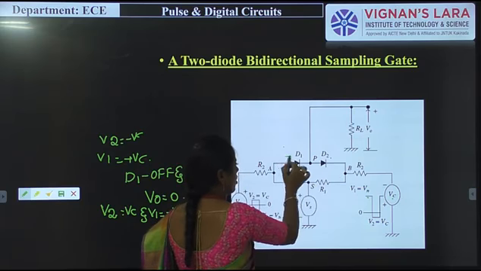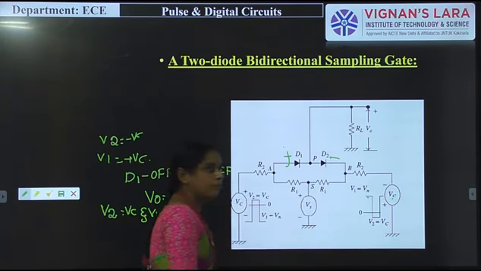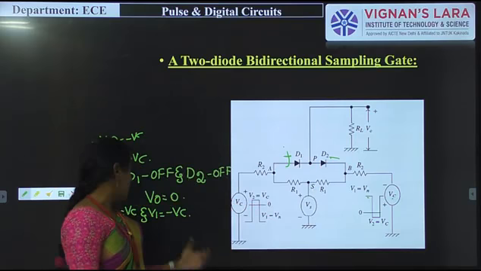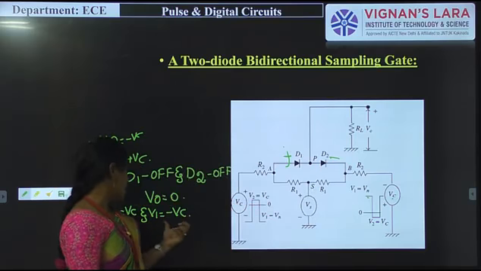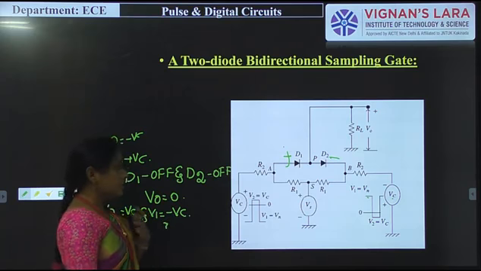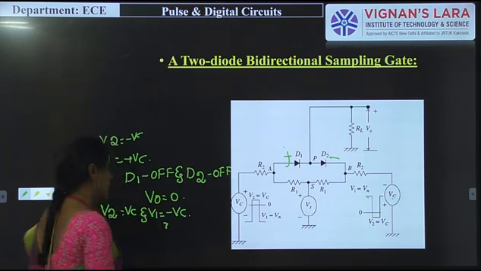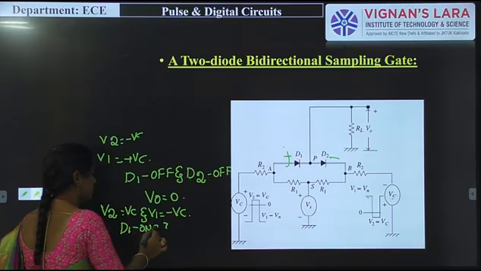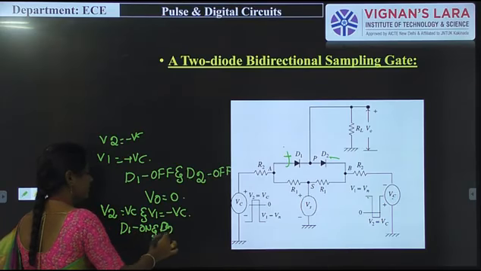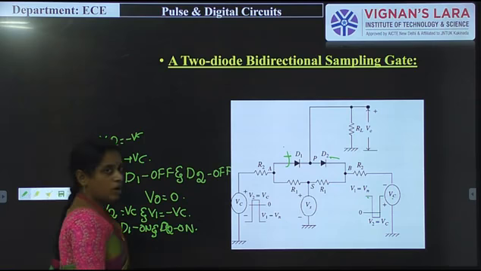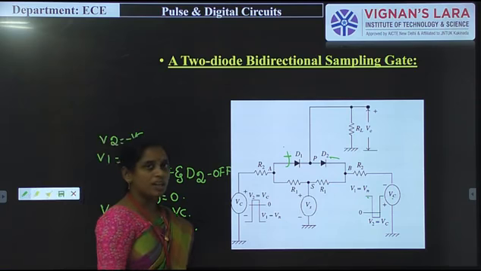So this one is positive and this one is negative. The anode terminal of diode D1 is connected to the positive Vc and the cathode terminal of diode D2 is connected to the minus Vc. During this time both diodes, D1 and D2, are in on condition.